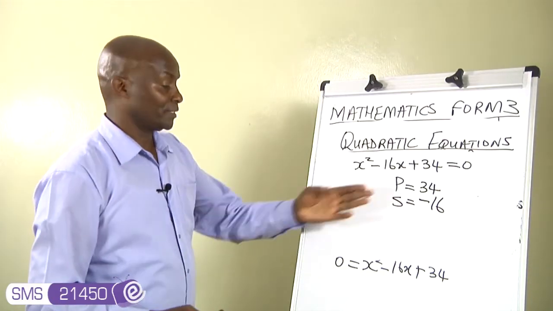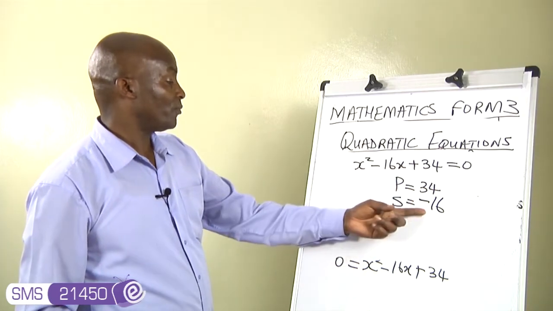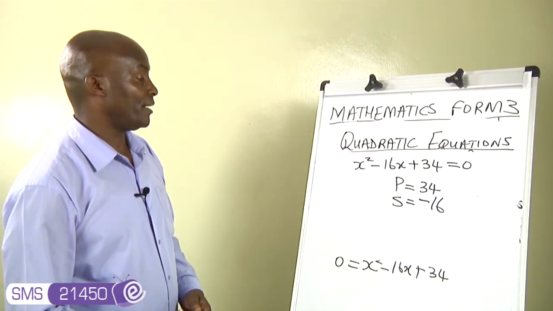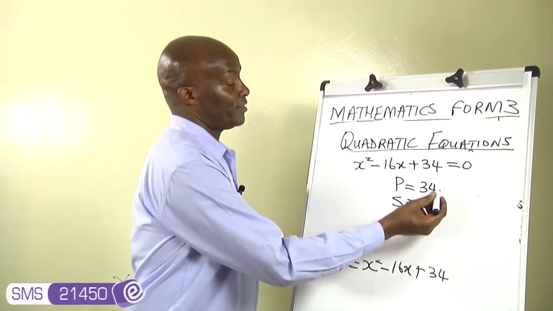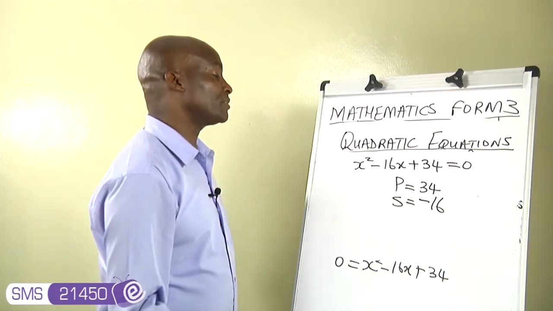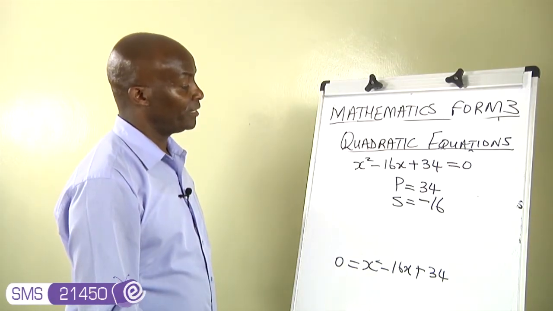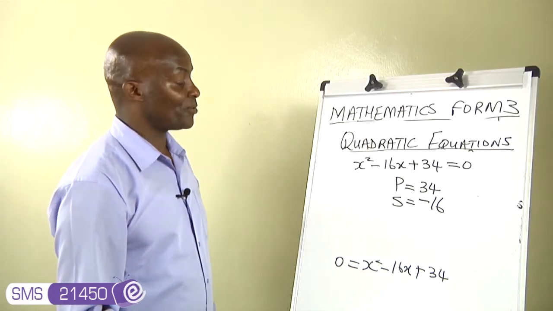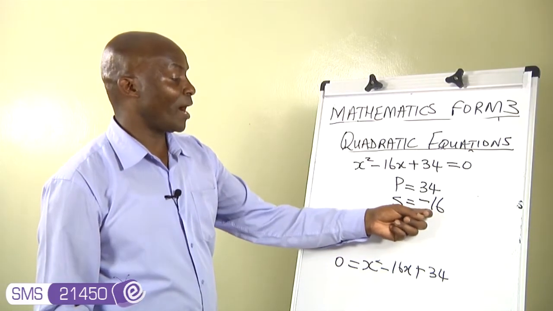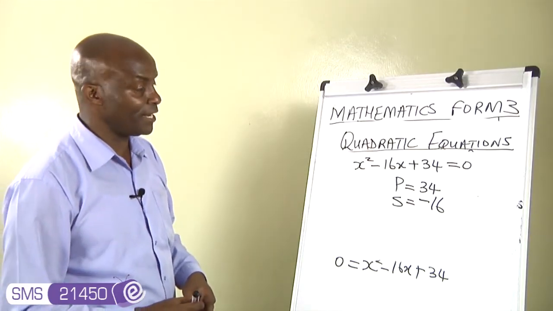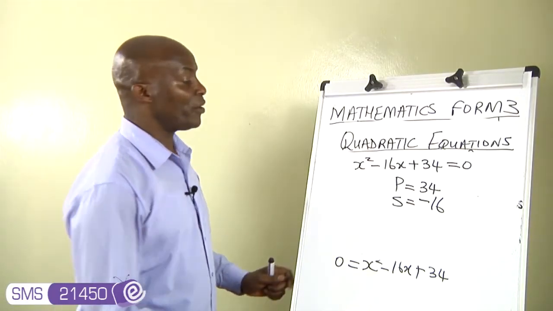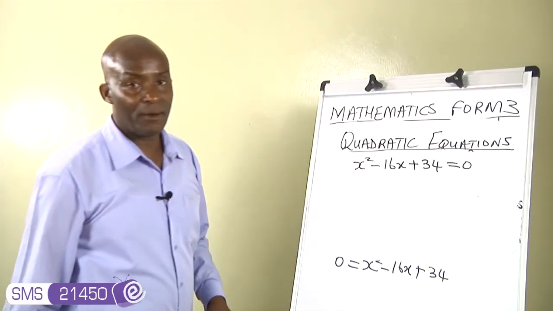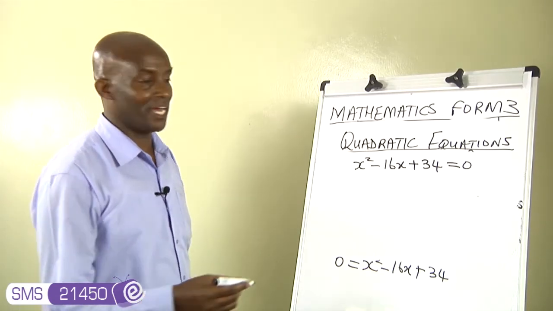So, two factors of 34 which when added make 16, what are they? 34 is 1 times 34, then 2 times 17, and that is all we have. None of them will add up to 16 or negative 16. That being the case, we abandon the factor method and use the quadratic formula.